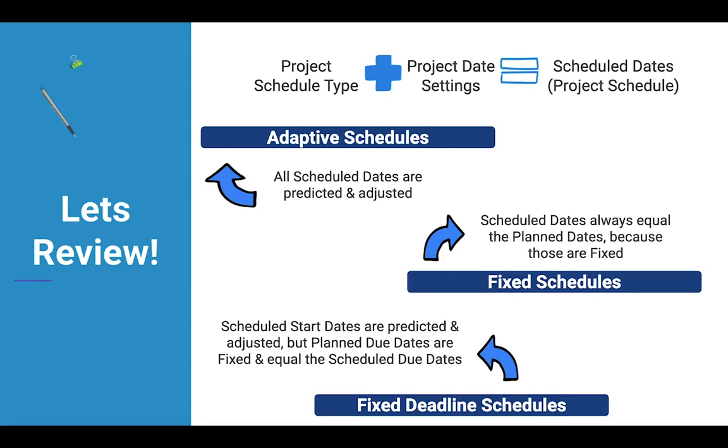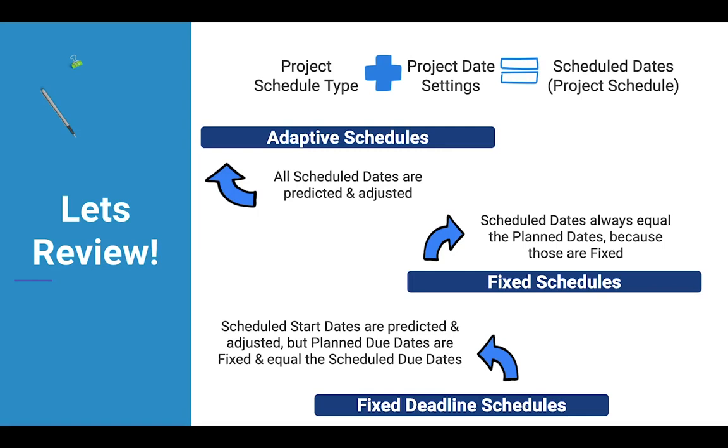The other thing to recap is that there are 3 types of schedules inside of Accelo. Adaptive schedules take planned dates and predict when tasks and milestones should be scheduled based on progress or delays to other tasks and milestones that are dependent on one another.